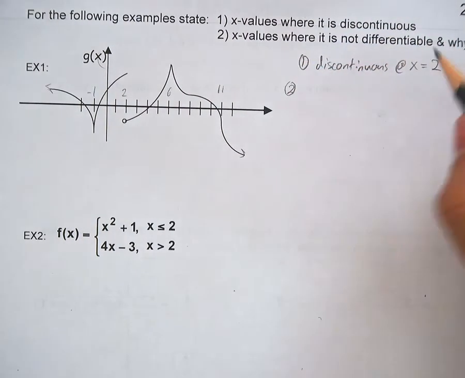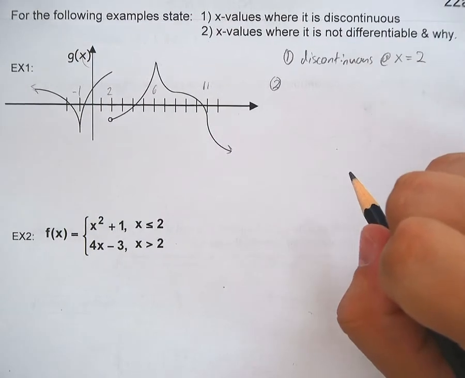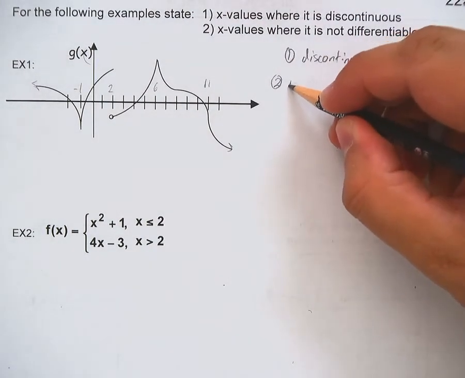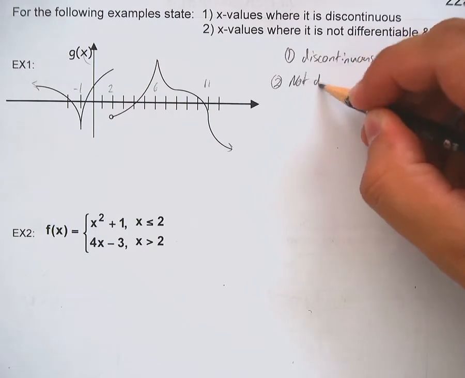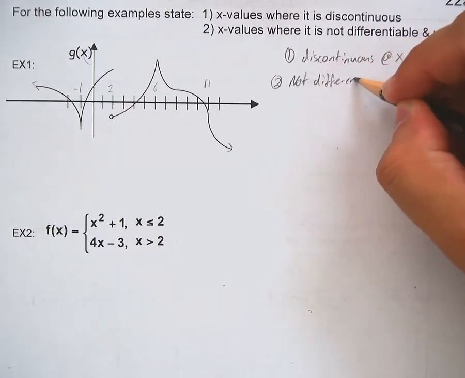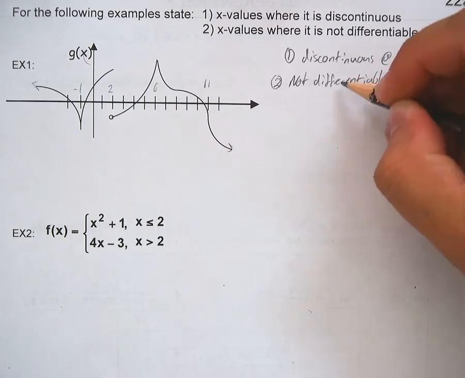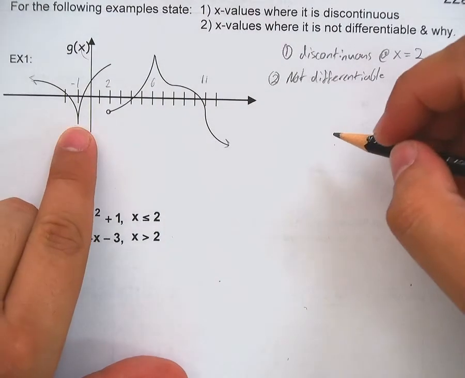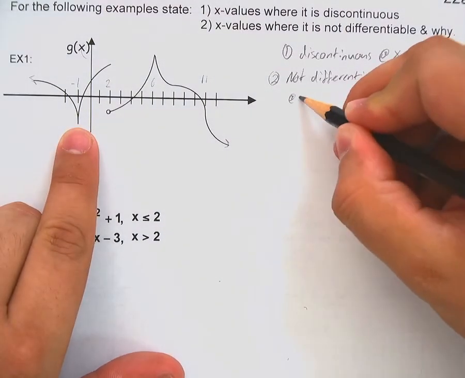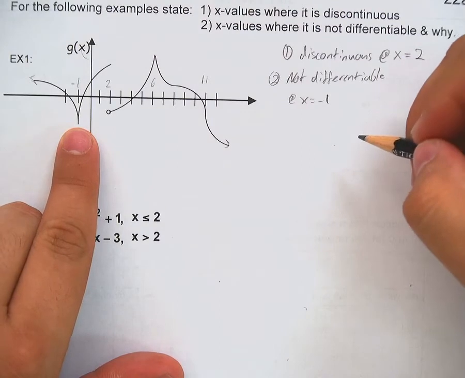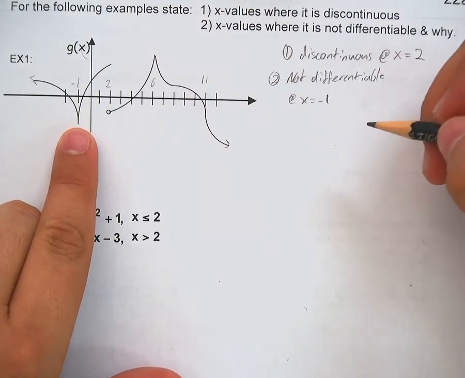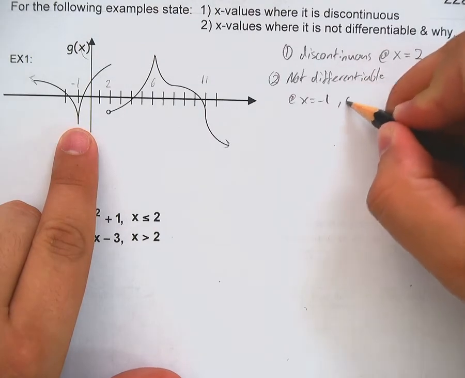So that is going to affect where it's differentiable. Where is it not differentiable and why? I'm going to say that it is not differentiable, and I've got a few places this is happening, so let's just list them off real quick, and then we'll look at why. First, at -1. It's not differentiable at -1, and what's the reason for that? Well, that's a cusp, right?